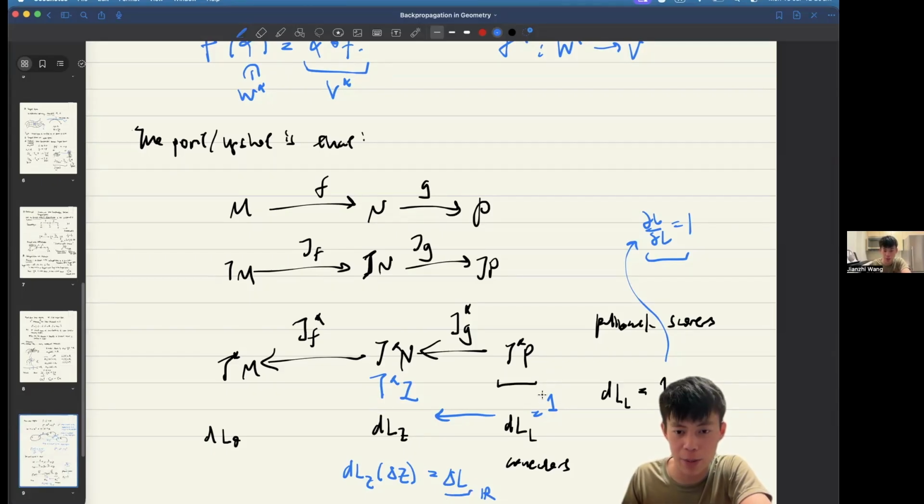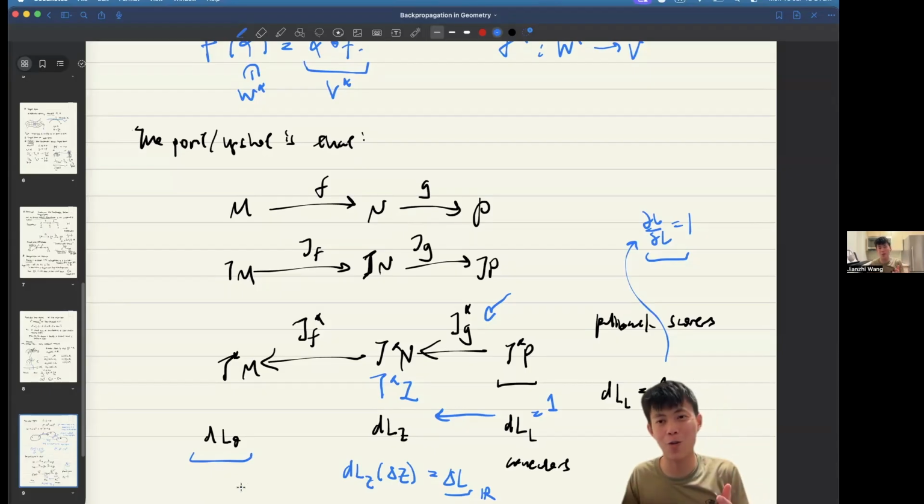Because we have passed back dL as 1 as a covector here, we can apply the dual function of the Jacobian to get the scoring function in the intermediate layers. We can repeat this by composing it with the dual function of the Jacobian to get the scoring function in the parameter space. Given a change in parameters, what is going to be the change in loss?